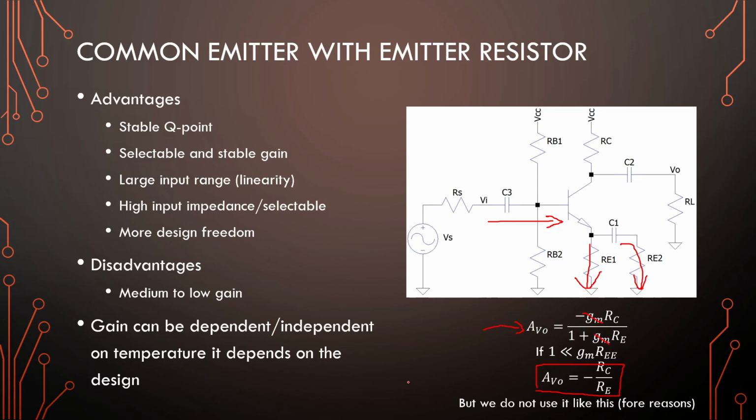But we don't use it like this because people tend to forget about this assumption right here, and this gain that you get then will not be accurate at all. You need a very large GMRE ratio here for this to actually work.